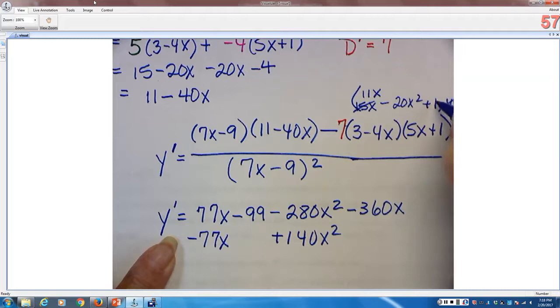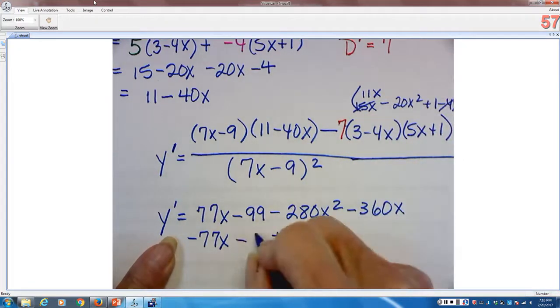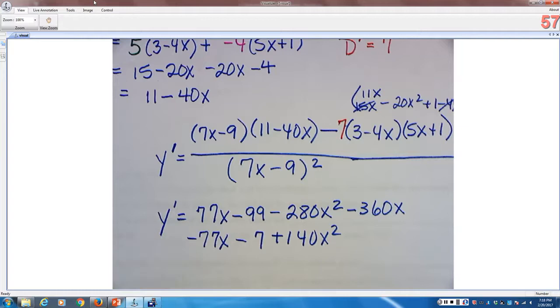And -7 times 1 is going to be -7. So that drops out.